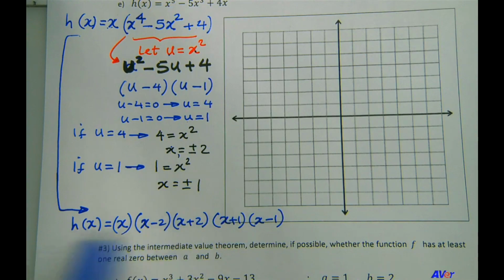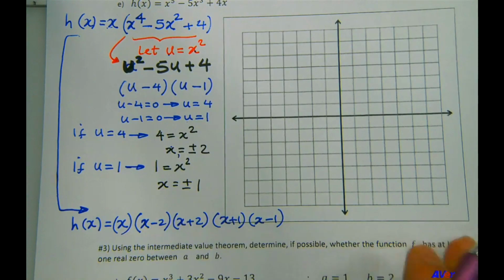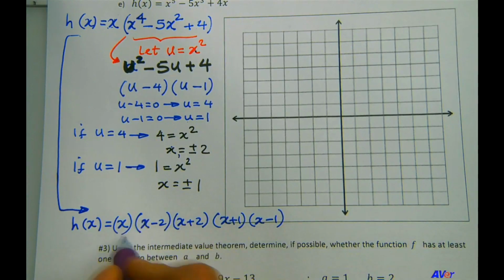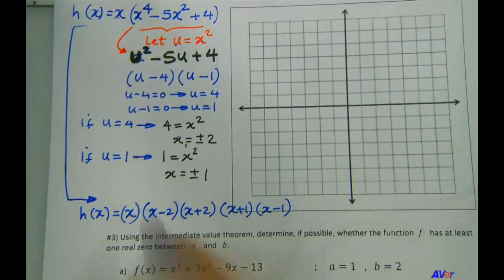So at all of these zeros, I should write them down so that it's clear. I need to identify those. I didn't do that. But now we can easily write down each of the zeros, right? I'm running out of space here, so let me try to squeeze the rest of this here.